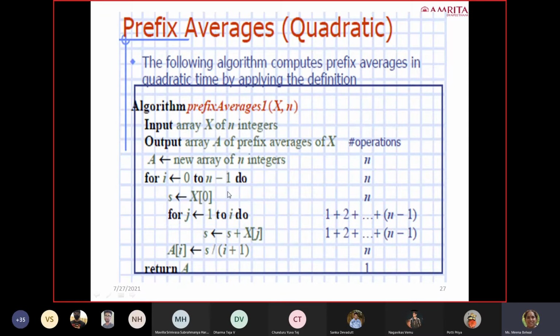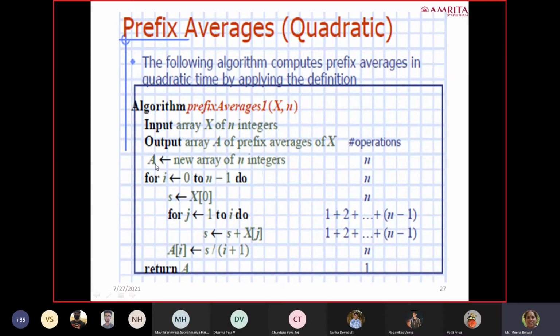Then next time onwards, you are going to add two elements, three elements, and finally you make ai as s divided by i plus 1. So this is the sum that you are using here. And what you see here is you have used two for loops. Because you have used two for loops, now how do we see?